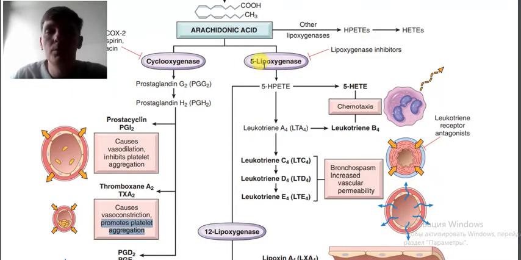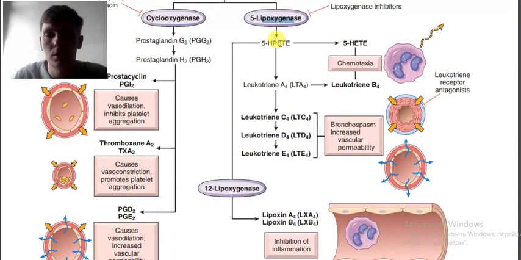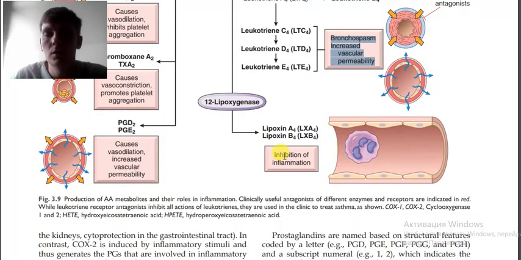And we have lipoxygenase, which produces leukotrienes, and different types of leukotrienes are responsible for bronchospasm, increased vascular permeability, and so on. Also lipoxins inhibit inflammation.